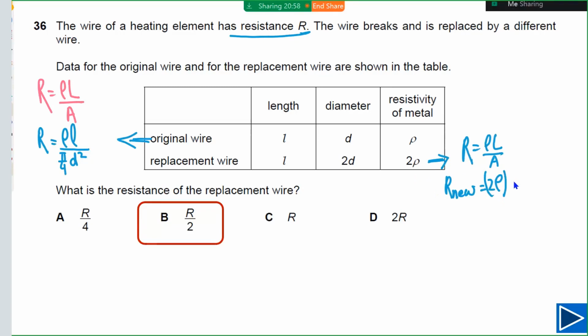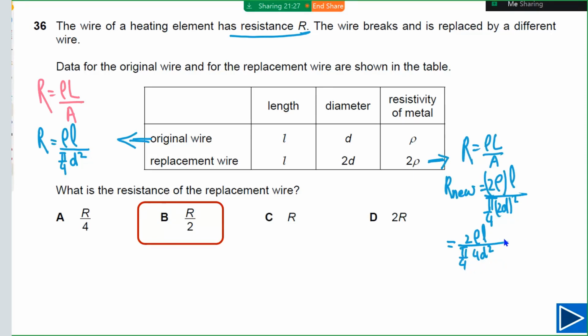And we have L for this wire. L is the same, and diameter of this one is double. If diameter is double, so you have to write here pi by 4, diameter is double, so this is 2d square. So if we simplify this one, we will get 2 rho L divided by pi by 4, and this is 4d square. 4d square we have here.